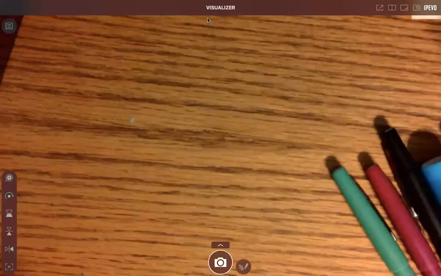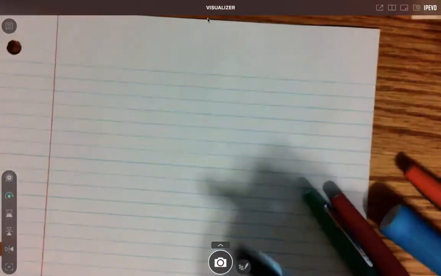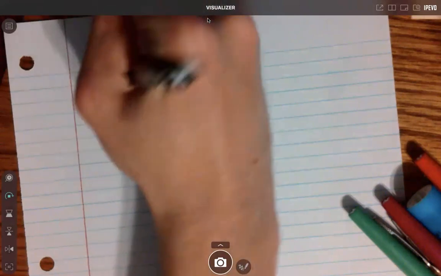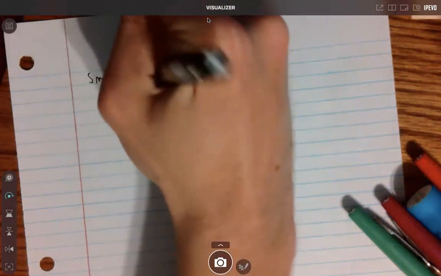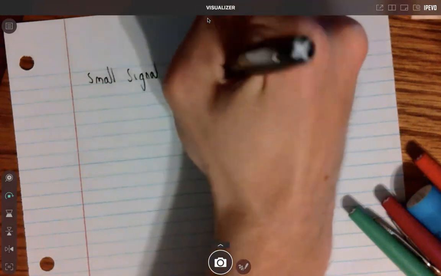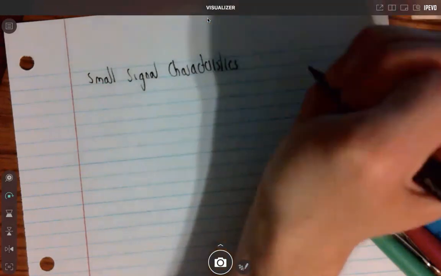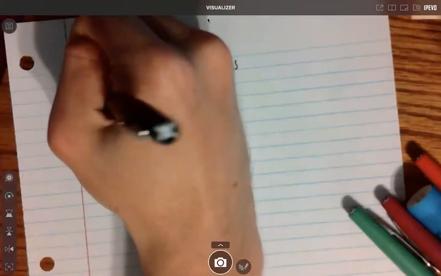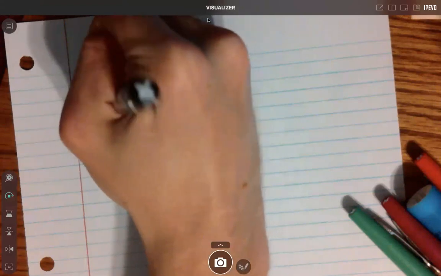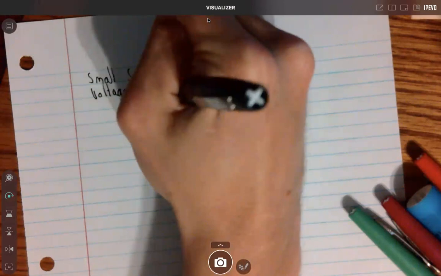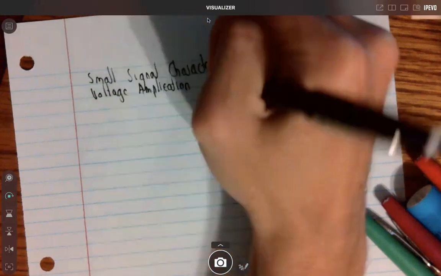For small signal characteristics, what do we have? Well, this is going to be for voltage amplification. And then we also have current amplification in small signals.